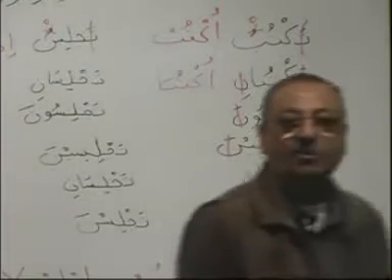What's the word now? Uktuba means two of you write. Are you with me? So how will I describe uktuba? Fi'lu amrin mabniun ala hazfi noon. Hazfi noon. Hazafa means to drop. Hazfi means dropping.